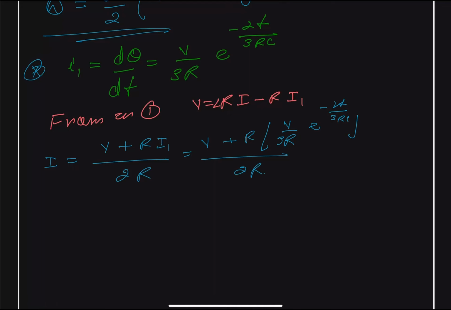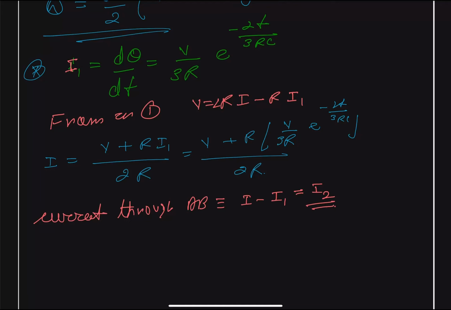And the current through AB is I minus I1, and let us suppose that is I2 for simplicity.